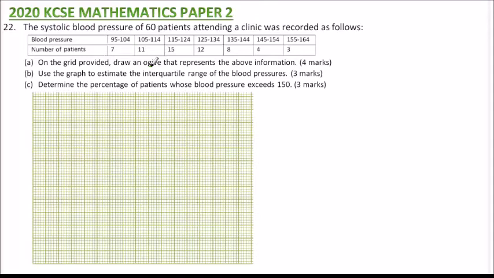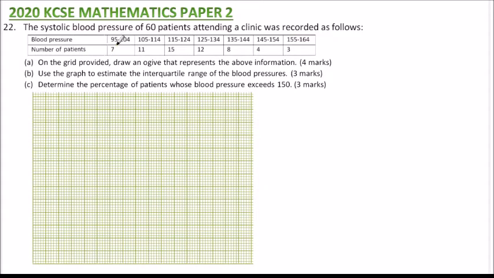This is question number 22, 2020 KCSE Mathematics paper 2, and we are told the systolic blood pressure of 60 patients attending a clinic was recorded as follows. So we have blood pressure and number of patients.